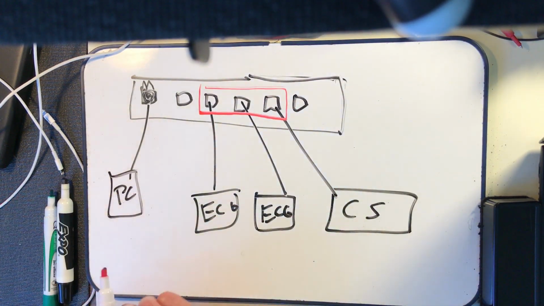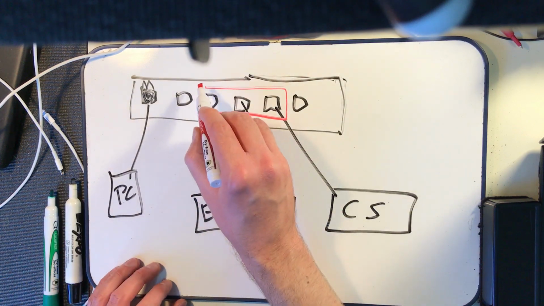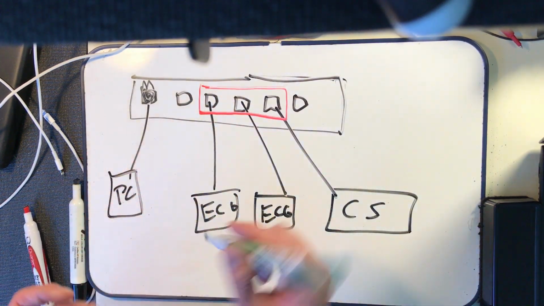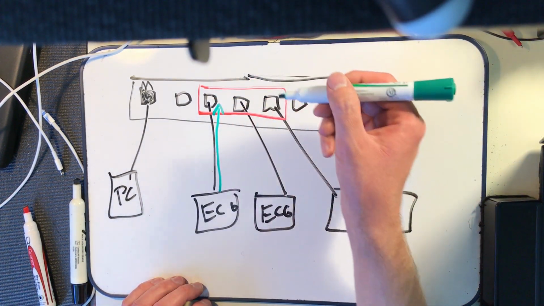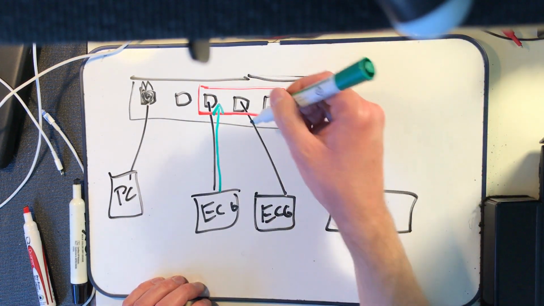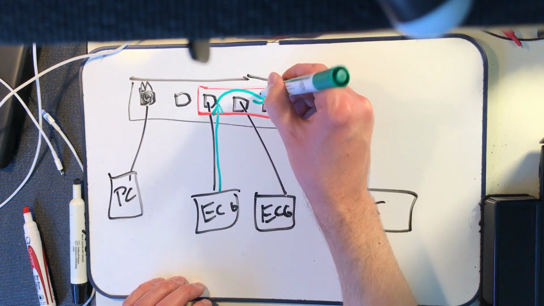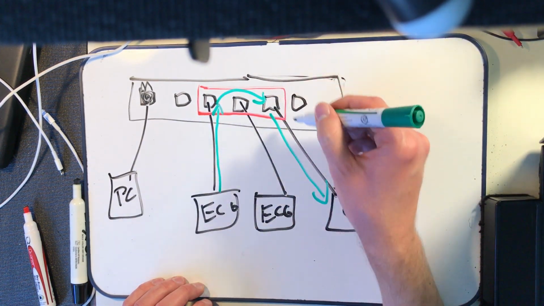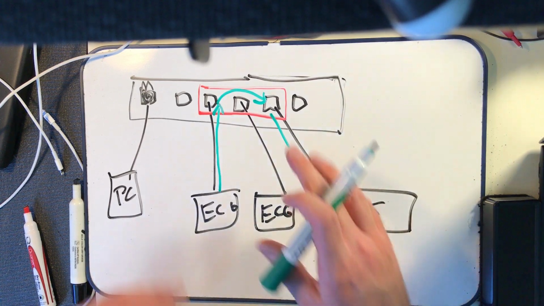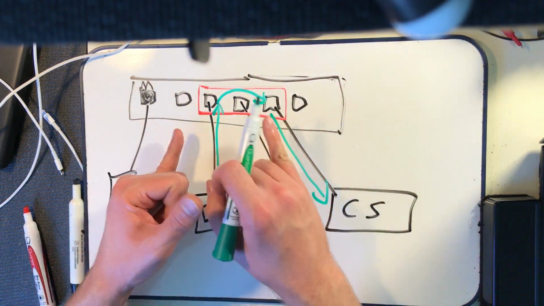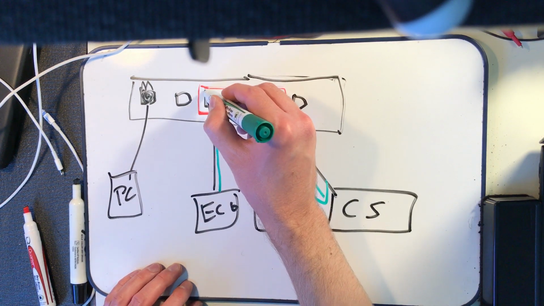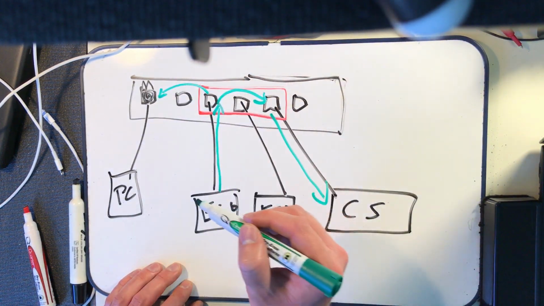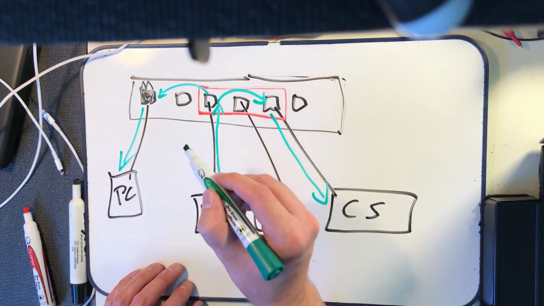So now when the ECG sends data, it goes up to the switch. And like before, it's probably going to the central station, so it sends it over to the central station. But before that, because this is now set up to be mirrored, it will take this data, make a copy of it, and send it to this port, which then sends it to this computer.